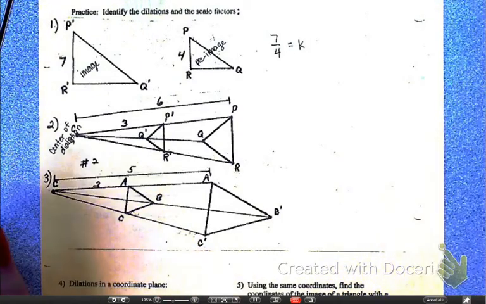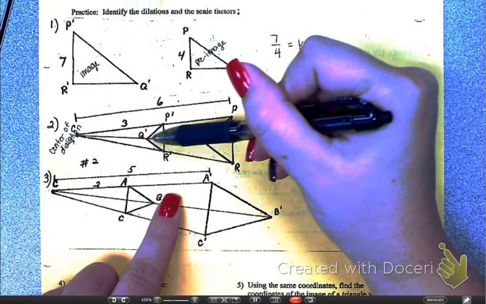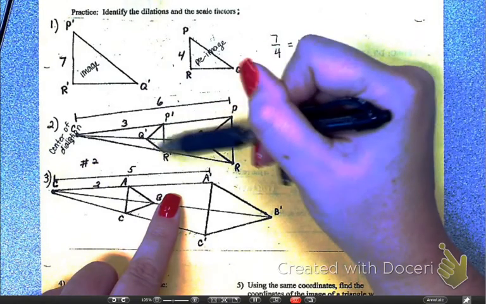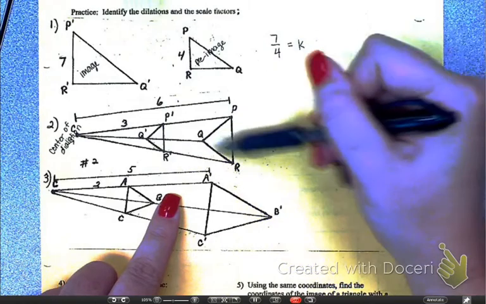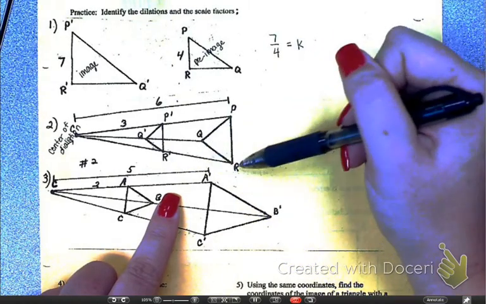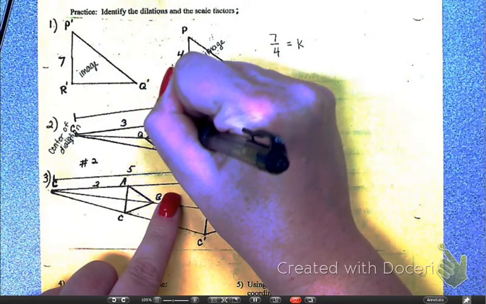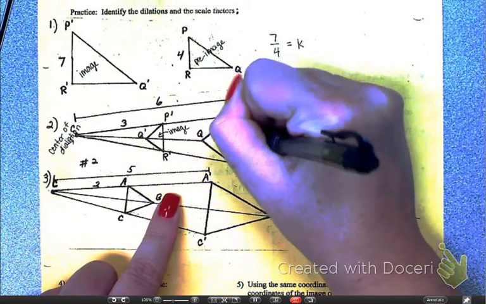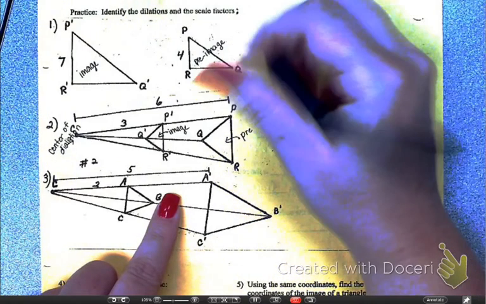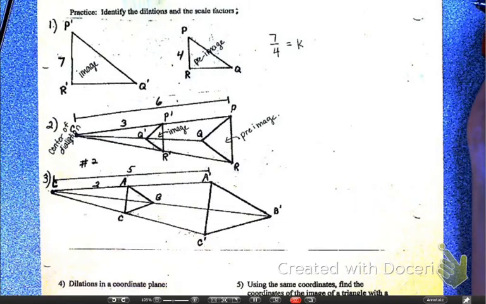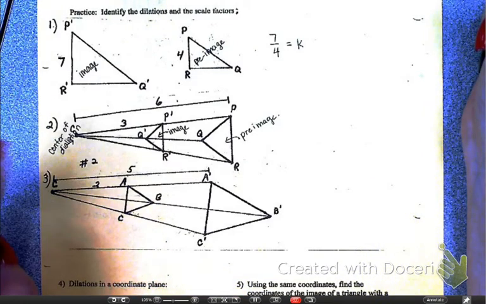So you should see your two triangles. Here is one, right? P prime, Q prime, R prime. And then PQR. Are you okay with that? So this one is my image, and this is my pre-image. Now, we can still do it the same way.